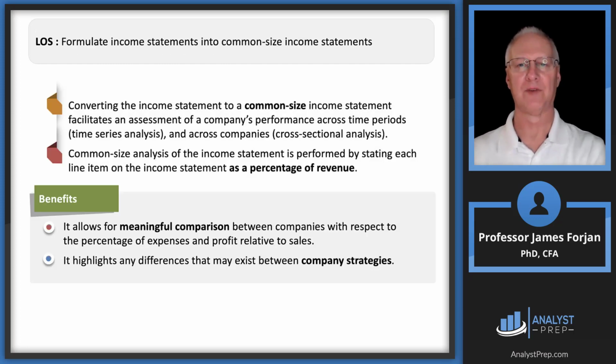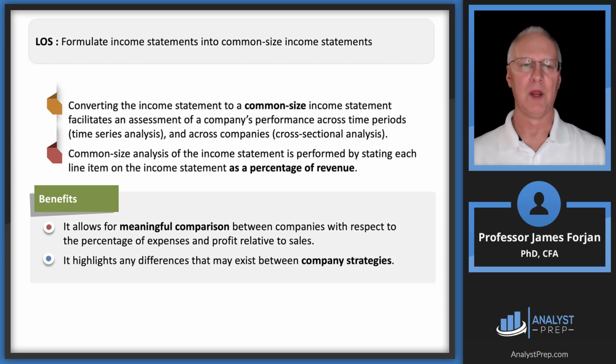Now, how about these common size income statements? Really, all we're doing here is saying something like, okay, if we're comparing, what do we have? We have a Nike balance sheet and we have an Under Armour balance sheet. And so maybe those two balance sheets look an awful lot alike from an organizational standpoint, but from an account balance standpoint, maybe they're completely different.